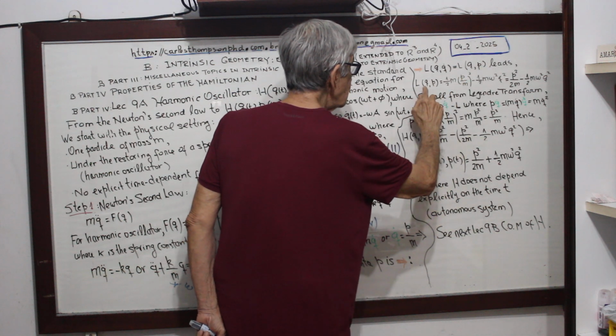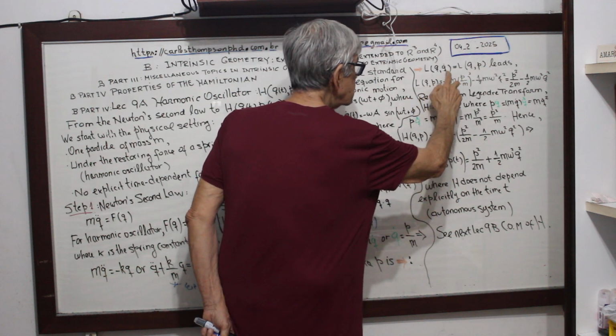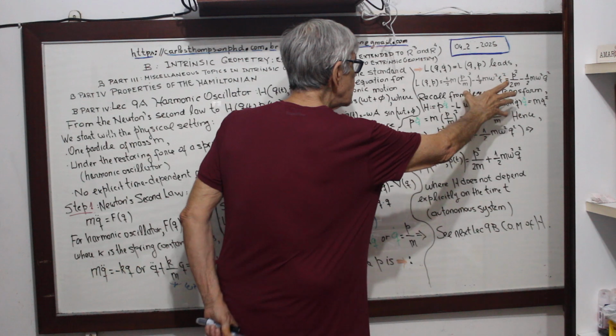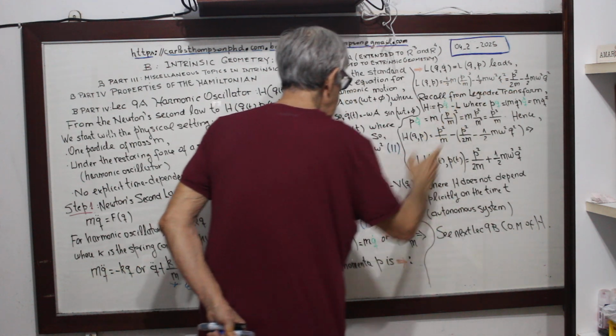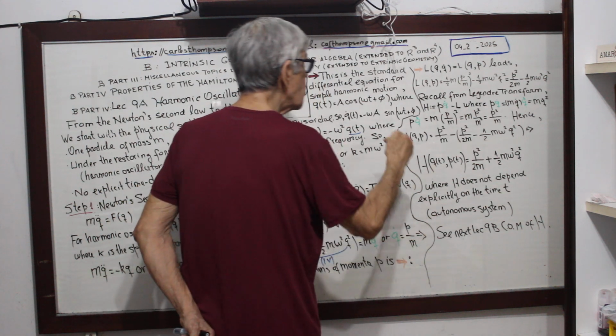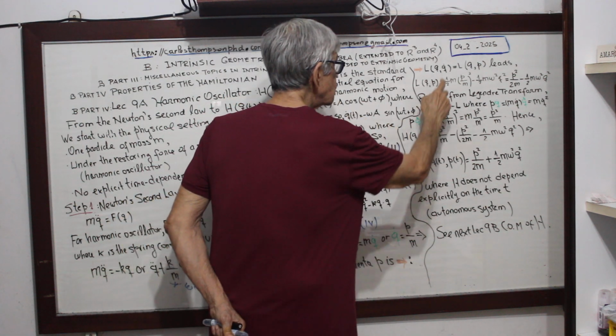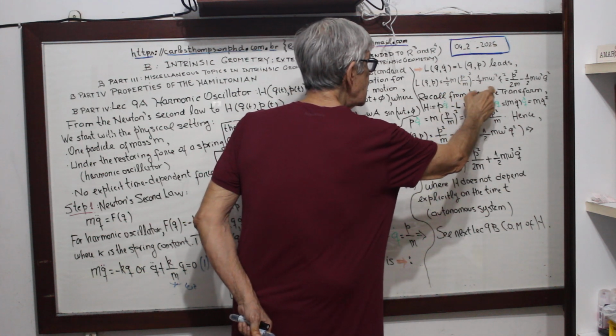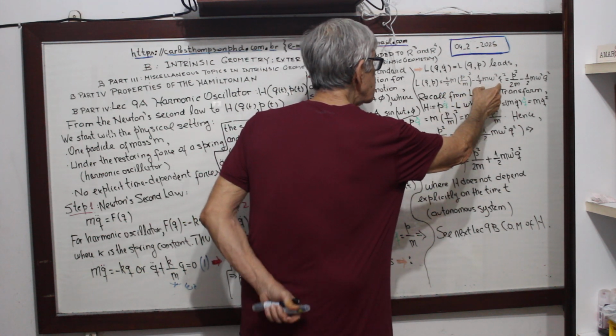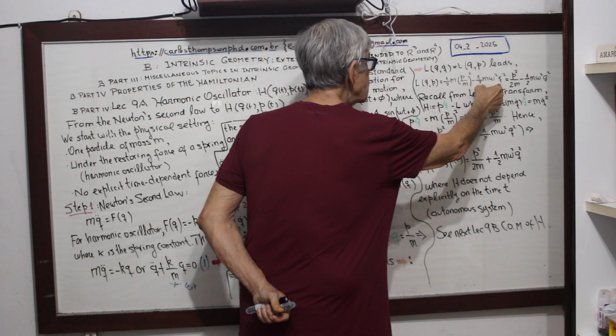So this leads to L of q, p is, just substitute, quite clear, okay? I substitute this q dot over here in L, you see? So this is 1/2 m, p over m squared, minus this over here is this potential energy.